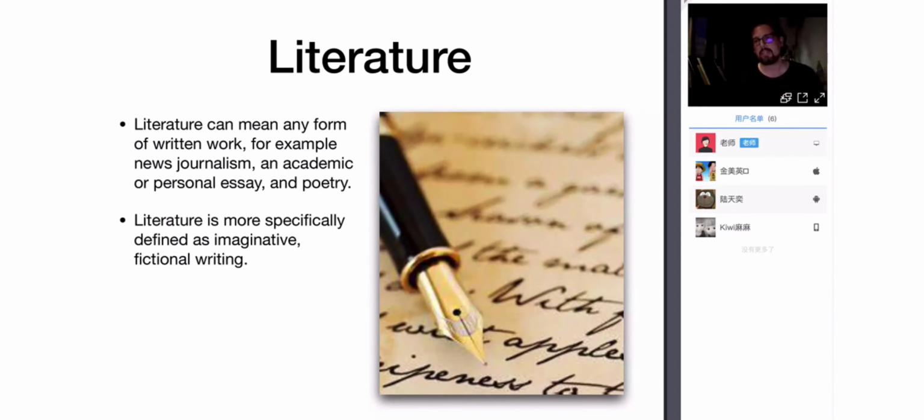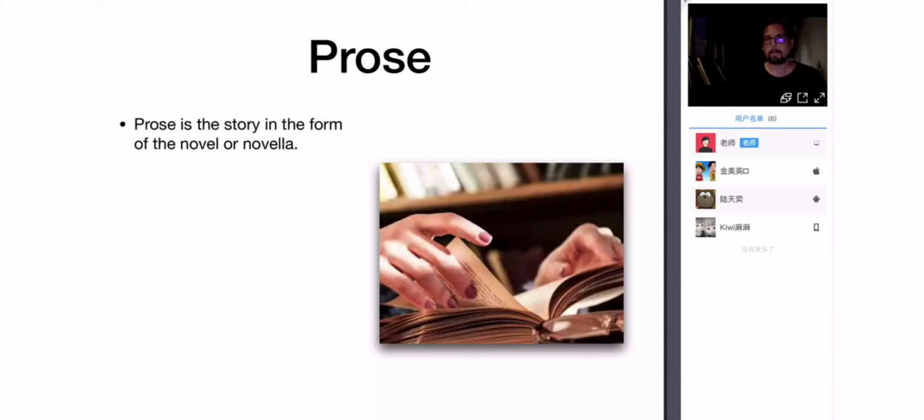What is the definition of literature? Literature can mean any form of written work, for example, news, journalism, an academic or personal essay, and poetry, but literature is more specifically defined as imaginative and fictional writing. So literature comes in these three forms. Prose, which is in the form of novella or novel.